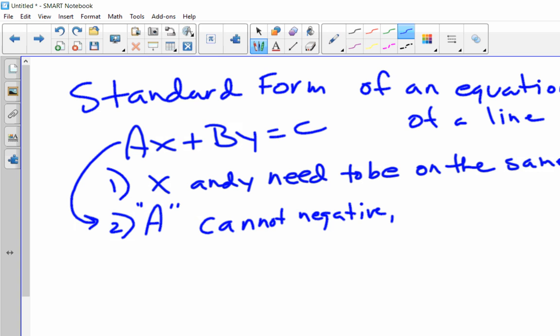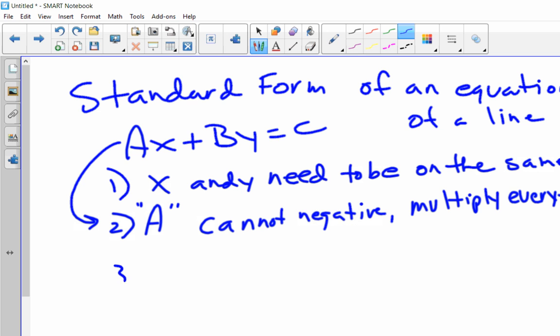So to fix that, we multiply everything in the equation by -1. Okay, all that does is makes the A positive, keeps the number, whatever that A is, number-wise, the same number, but I change its sign. But I have to do it to the whole equation, okay?